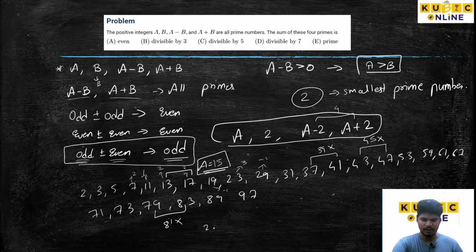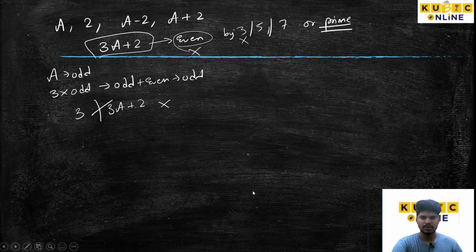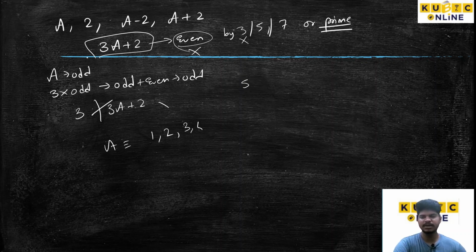So what have we got? We have got 2, 4, 1, 3. So basically we have got all of 1, 2, 3, 4. So a can be congruent to 1, 2, 3 or 4, but not 0. For 0, there is only one prime number, which is 5. And we cannot take a as 5, because it would be 5, 2, then 5 minus 2 is 3 and 5 plus 2 is 7.